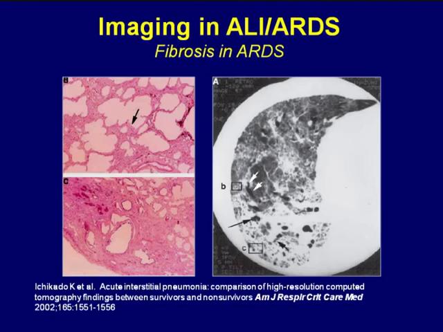And one of the best models of lung injury is actually diffuse alveolar damage, or AIP, acute interstitial pneumonia. And these are images taken from this paper, again published in the New England Journal by Ishikawa and colleagues, where they looked at CT features of AIP and correlated those with histopathological findings. And you can see here in this image that you have widespread ground glass opacification.